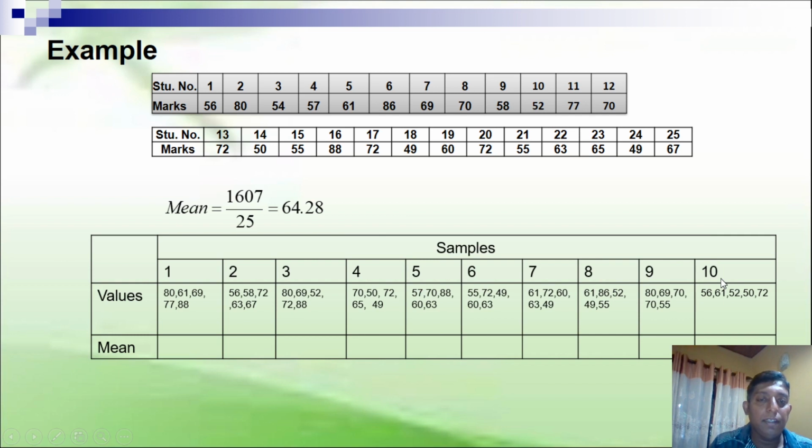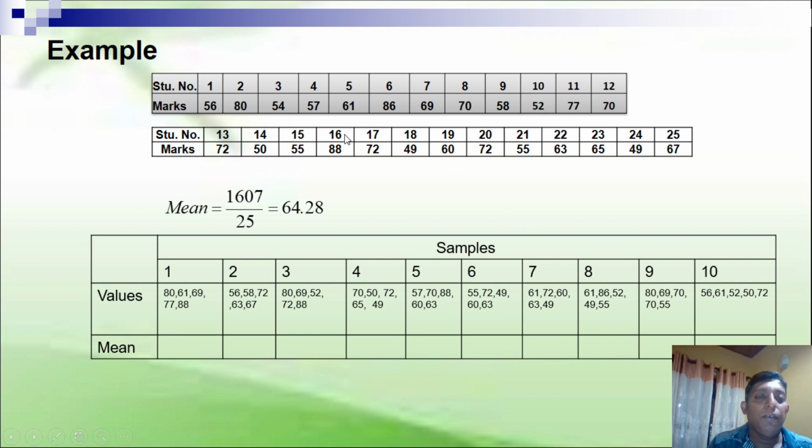Now suppose we are going to take 10 samples, each of size 5. The size of the sample is 5. That means using a sampling method, here using simple random sampling. Now suppose we obtain 10 samples of size 5.